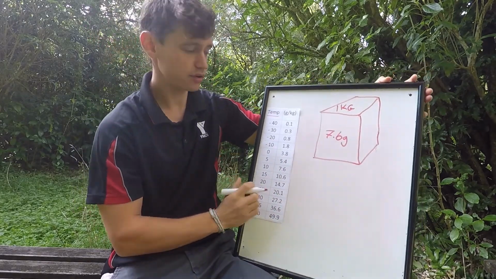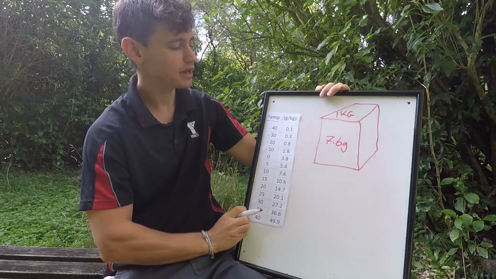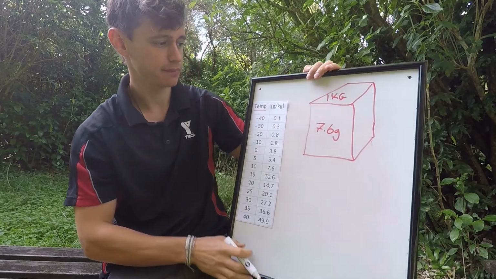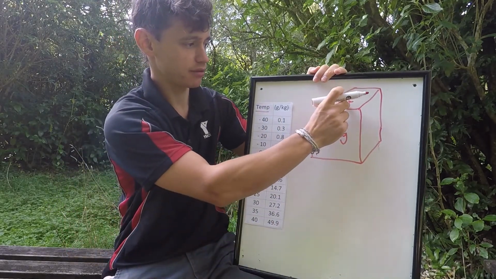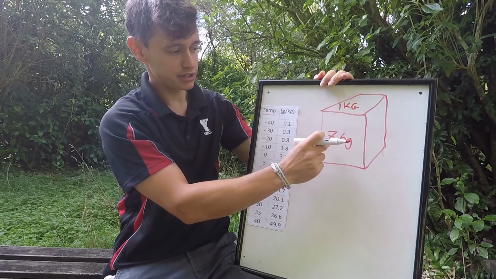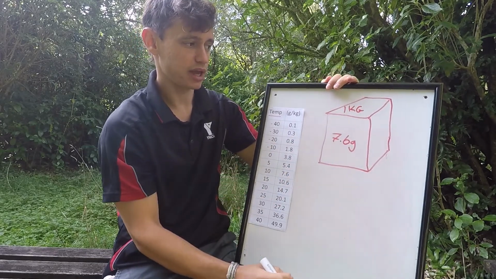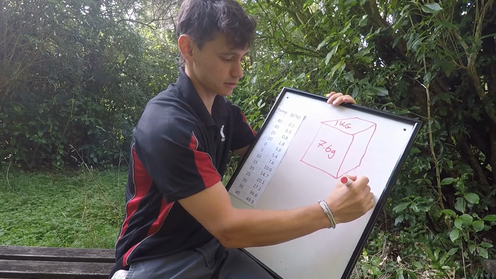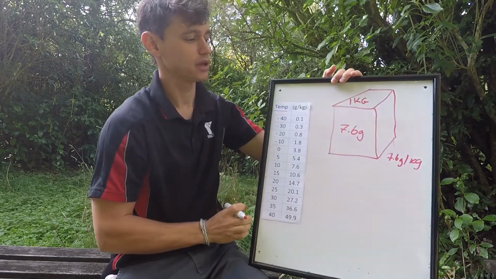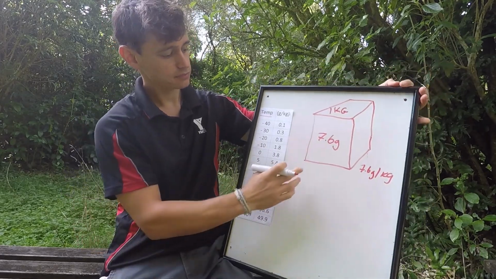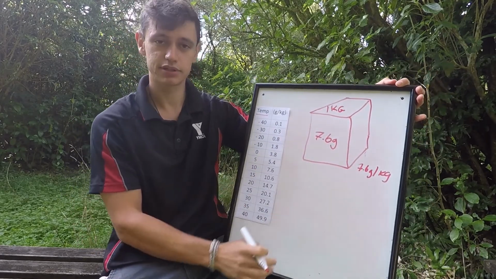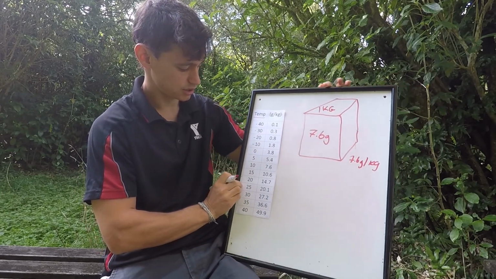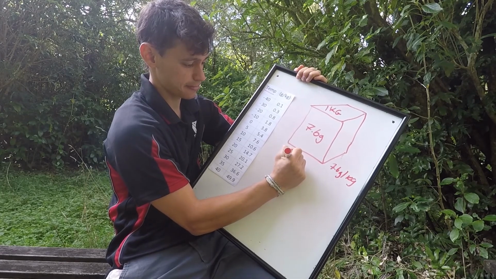So we have a box just like before, and inside this box is 1 kg of air, and inside this air we have a mixing ratio of 7.6 grams per kg. So I'll just write that over here, 7.6 grams per kg. Awesome. Let's just say for this demo that the air inside this box is 25 degrees.